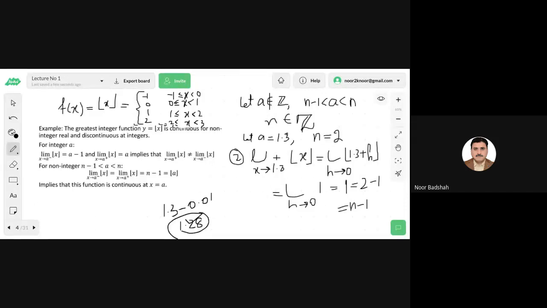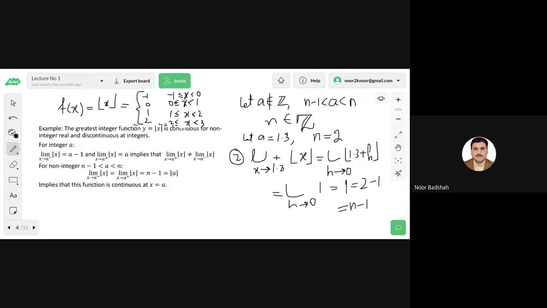And what is the value of the greatest integer in the interval 1 to 2? That is 1. That's why I replaced the greatest integer of 1.3 minus h by 1, and then applied limit h goes to 0 to get this one. The same concept applies for 1.3 plus h as well. 1.3 plus h is also 1, because if you add a very small number to 1.3, it remains in the same interval. If you add 0.001, it becomes 1.301, or it becomes 1.31. So 1.3 is in the interval 1 to 2, and 1.31 will also be in the interval 1 to 2.